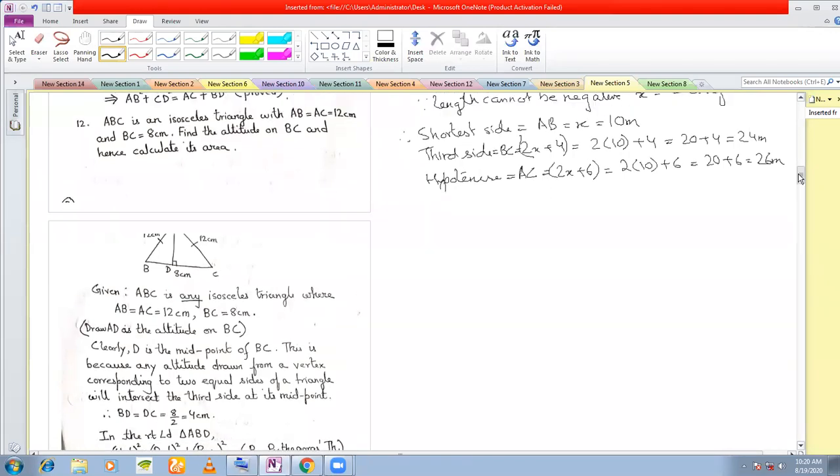Yes, sir. Next problem: ABC is an isosceles triangle with AB equal to AC equal to 12 centimeters and BC is 8 centimeters. Find the altitude on BC and hence calculate its area. Let us construct this triangle first.